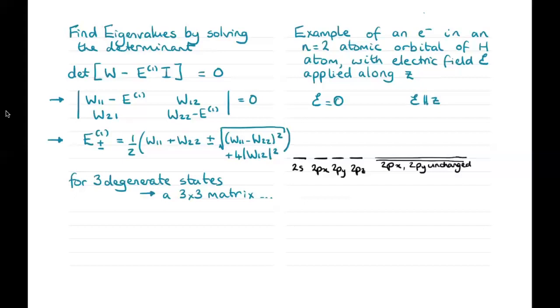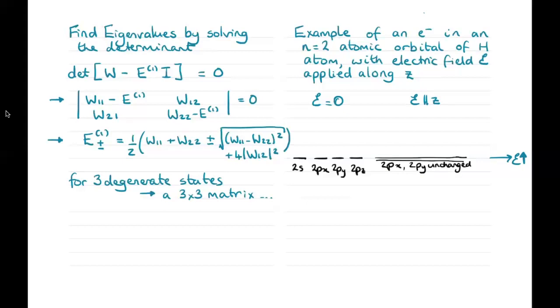Their energies are unchanged. So along this axis here, I'm increasing the size of the electric field. The other 2 orbitals in a linear combination will have their energies changed, and we'll see that which linear combination they form will drop out of the mathematics.